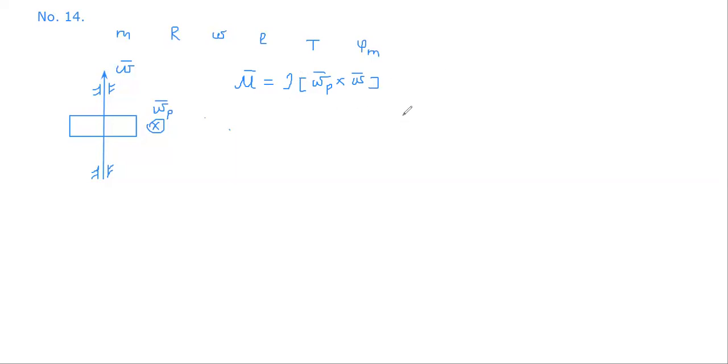And so, moment of inertia. The disk has a cylindrical form. It is a cylinder. Maybe you can remember a formula for the moment of inertia of the cylinder. We have already a formula for this.